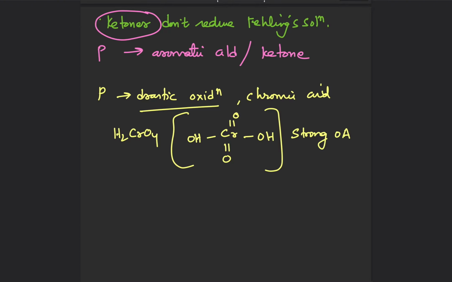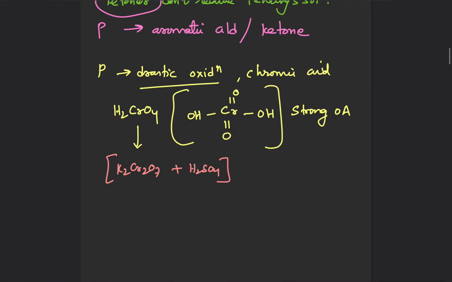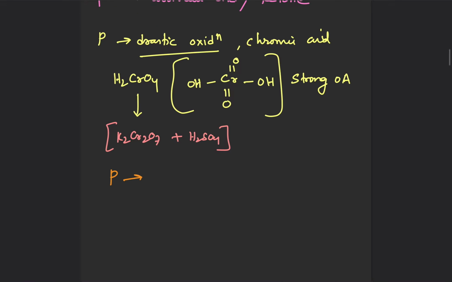It is made by mixing K2Cr2O7, potassium dichromate, with concentrated sulfuric acid, H2SO4. So from this observation, P is a ketone. We are sure about it that P is a ketone. I'll explain how.